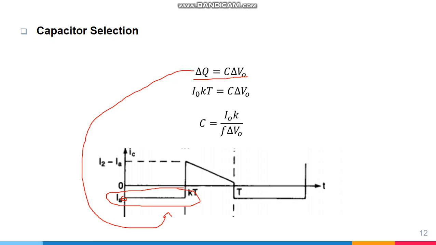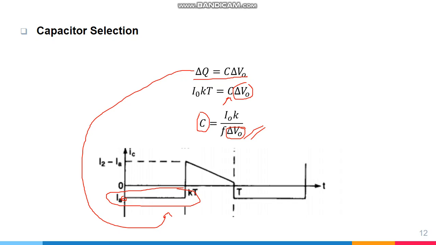Okay, now if you want to calculate this output ripple, if you are given the value of the capacitor, or if you want to calculate the value of the other quantity, you can use this formula. Either you will be given this capacitor value or this output voltage ripple.